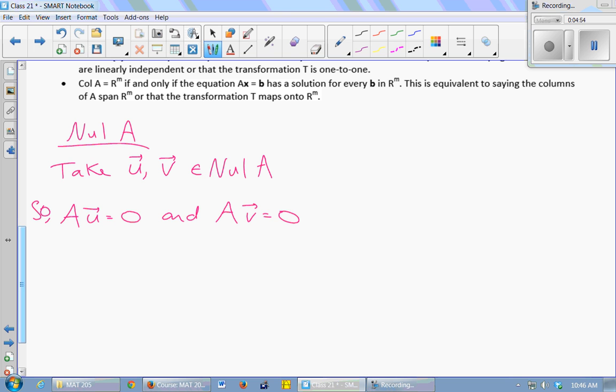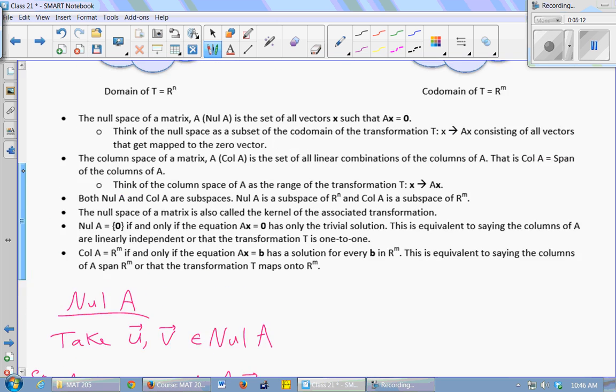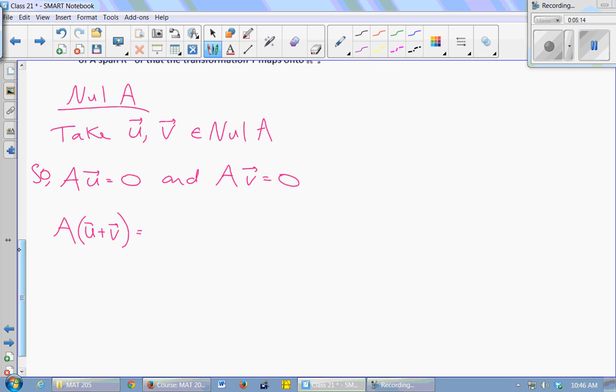So what if I did A times (u plus v)? Does that get mapped to 0? Yeah, how do you know? Because Rn is the domain, and Rn is a vector space, so all the properties of a vector space apply here.